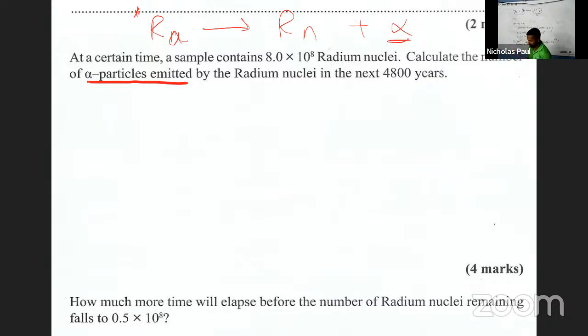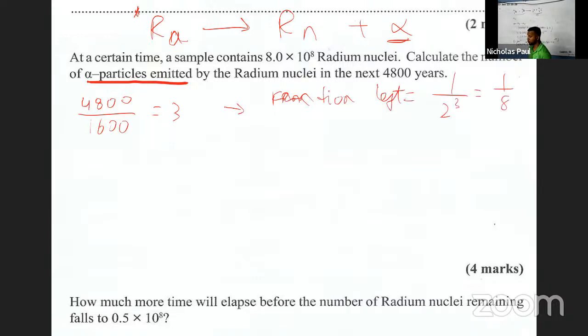After 4,800 years, that is how many half-lives? 3 half-lives. So therefore, the fraction left is 1 over 2 to the 3. But we are more interested in the fraction decayed, because only if we know the amount that decayed can we figure out the alpha.